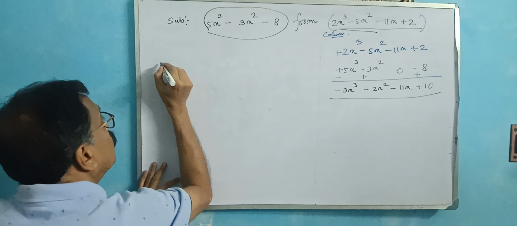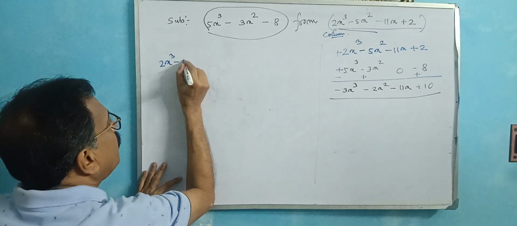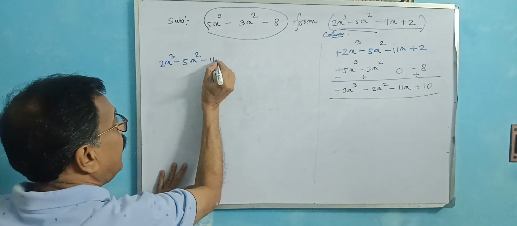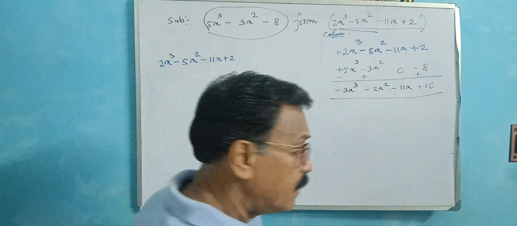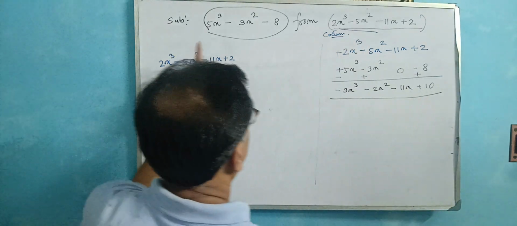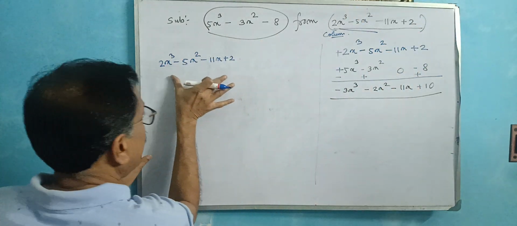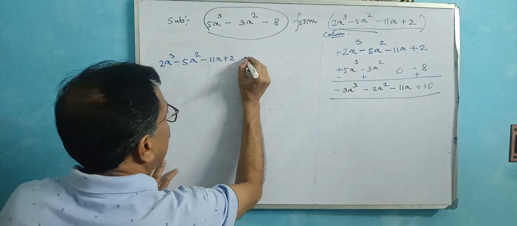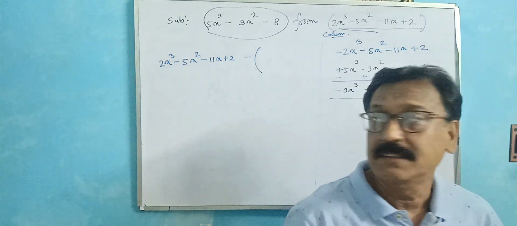So here is 2x cube minus 5x square minus 11x plus 2. Extremely left side. Subtract this from this, from part. First you write this extremely left. Then now the subtract sign is there. Use the bracket. The very important thing is this.